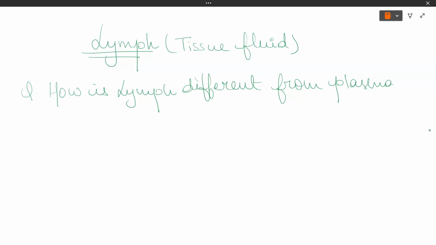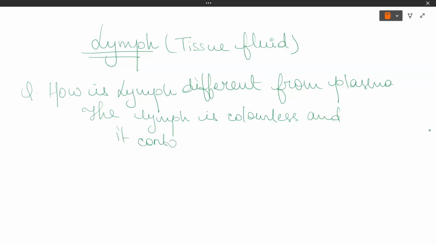If somebody asks you what is the difference between them, the answer would be: the lymph is colorless, first of all, and it contains less protein as compared to the plasma.